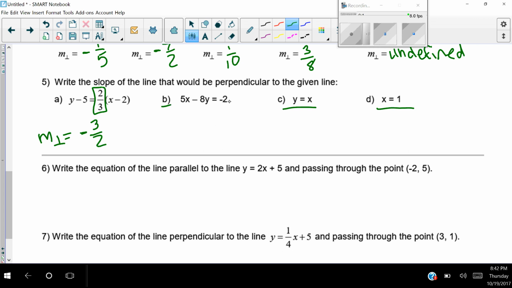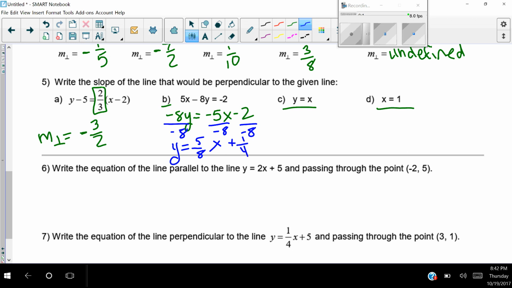For B, in order to figure it out, you're going to have to solve for y. So I'm going to subtract my 5x to move it to the other side. Then I'm going to divide by negative 8. Everything needs to be divided by negative 8. So my y is equal to positive 5/8 x plus 1/4.